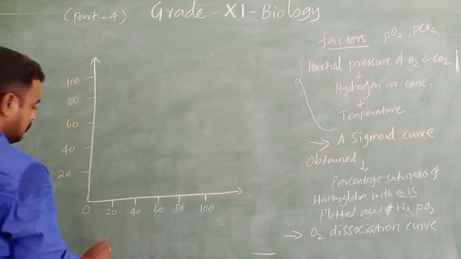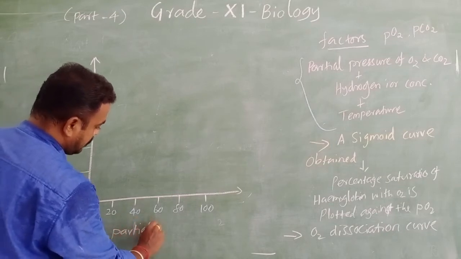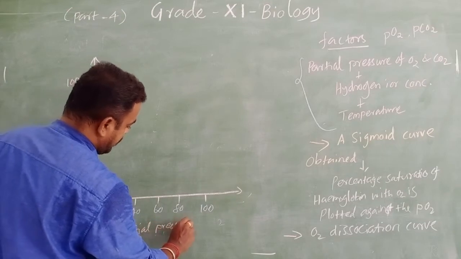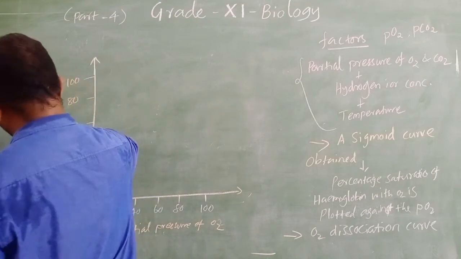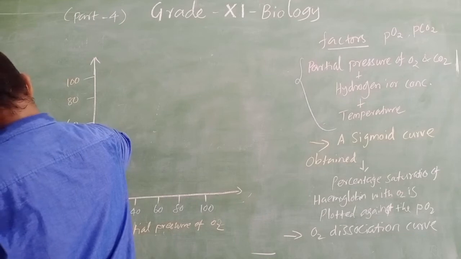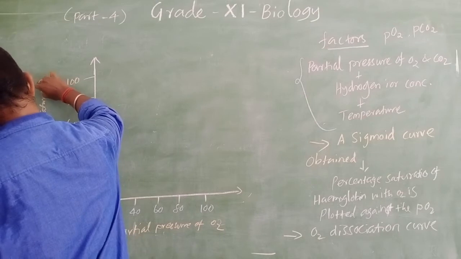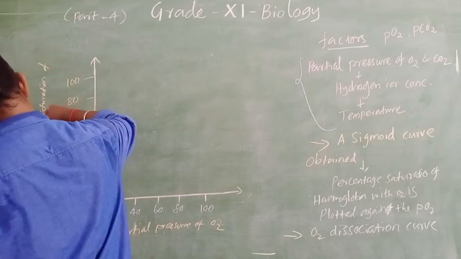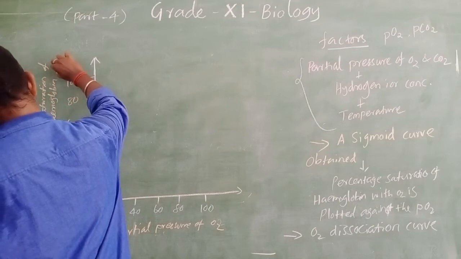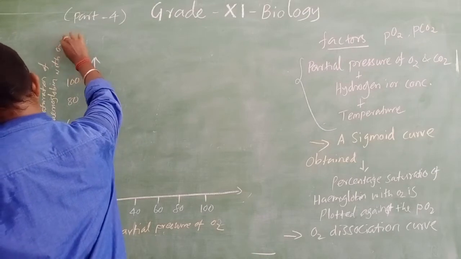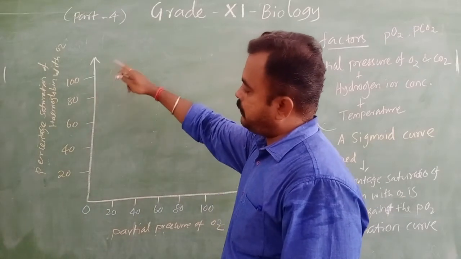This is the partial pressure of oxygen. Here, the percentage saturation of hemoglobin with oxygen.